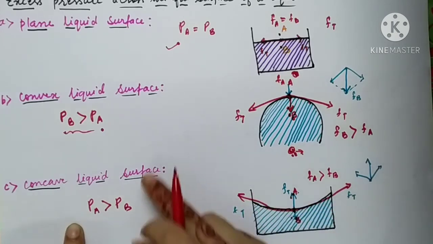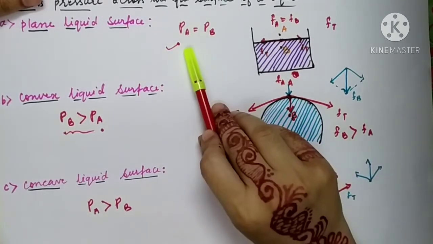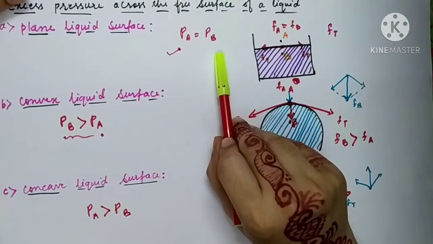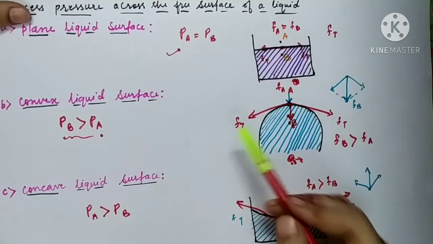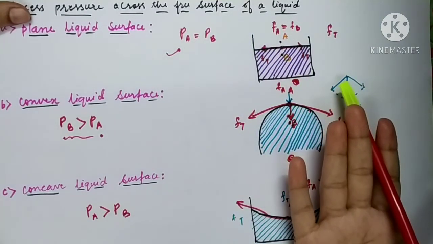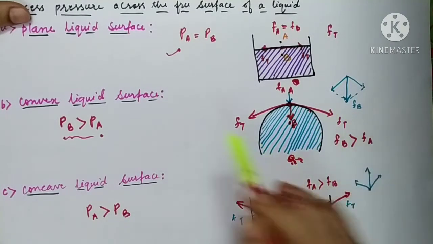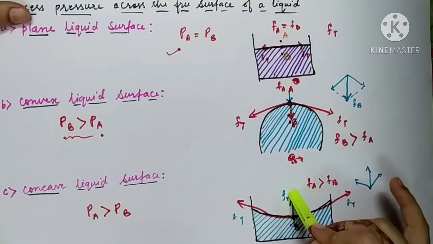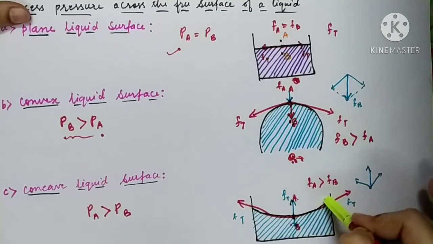So these are the few conclusions that we should remember. We just have to remember only two conclusions. One is that pressure above and below the flat surface of a liquid are exactly equal. Pressure above the concave surface will always be greater than the pressure below it. So if the liquid surface is like this, the resultant force due to surface tension will come like this, so pressure above the concave surface will be greater.